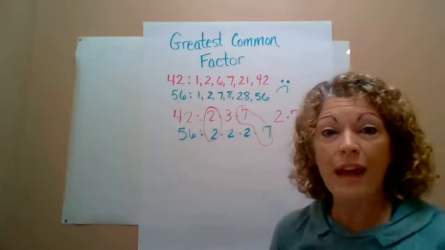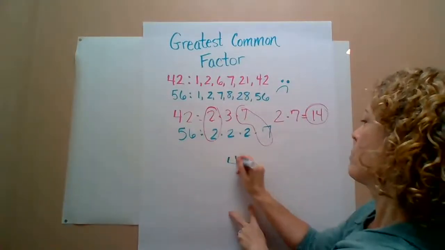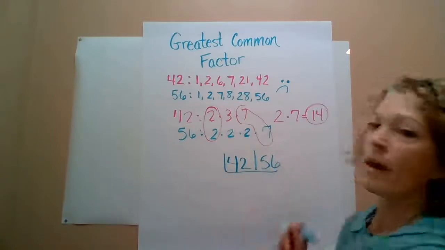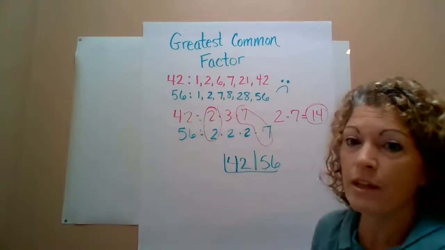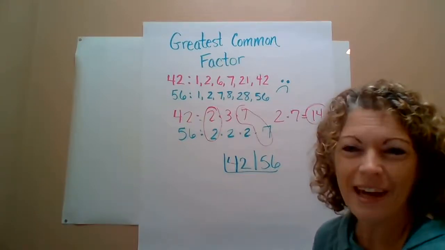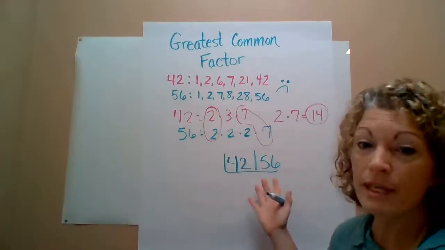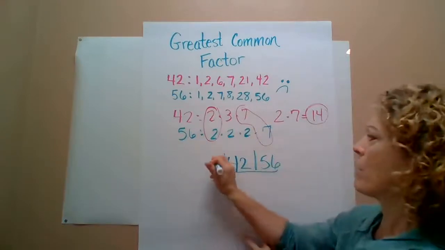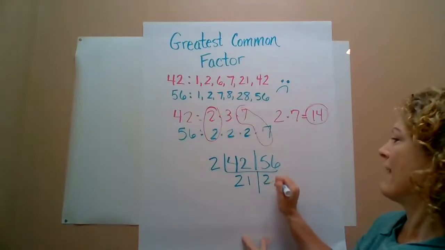Then for the ladder method, we'll take 42 and 56 and put those both in there. Then we find a factor that they can both be divided by. Again, I like to have them choose a prime factor because that's what we do with prime factorization. In most cases, students can identify that these are even, and they can take a 2 out. So they divide by 2 and get 21 and 28.